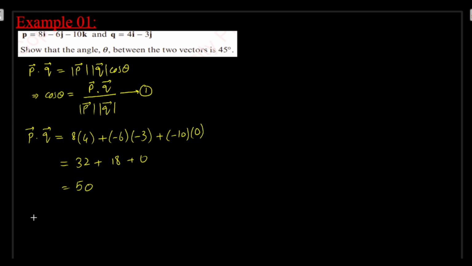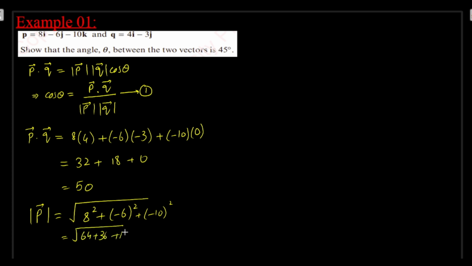Now, the magnitude of the vector p is |p| equals square root of x component squared, that is 8, plus y component squared, that is minus 6, plus minus 10 squared. Simplifying these expressions, we get 64 plus 36 plus 100, which is equal to square root of 200.